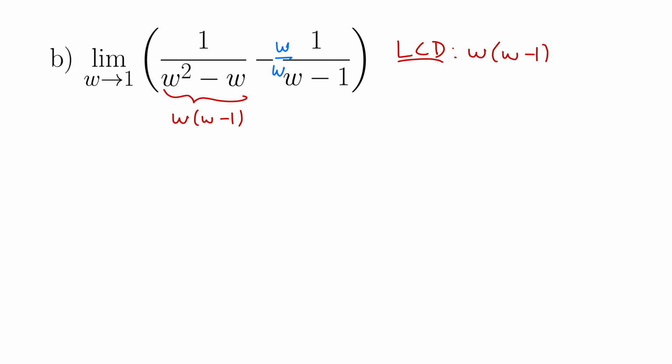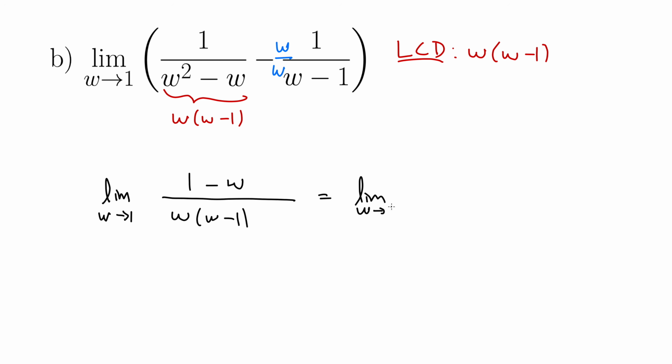What this leaves us with then is the limit as w goes to 1 of, okay, now this whole thing's going to be over w times w minus 1, and then we have 1 minus w up top. Well, we almost have some cancellation here. Let's try factoring out. So I'm going to write limit as w goes to 1.